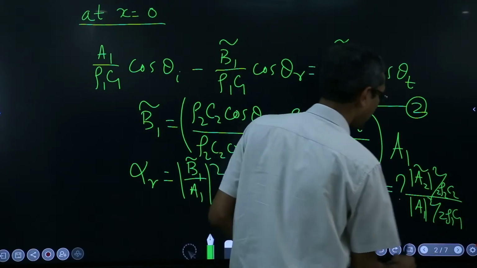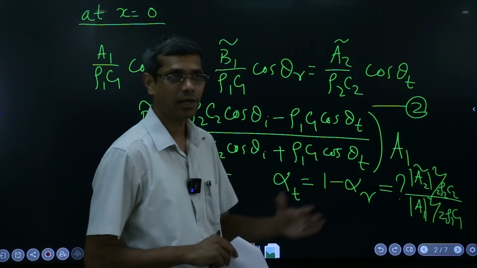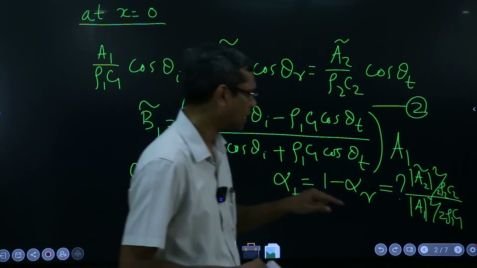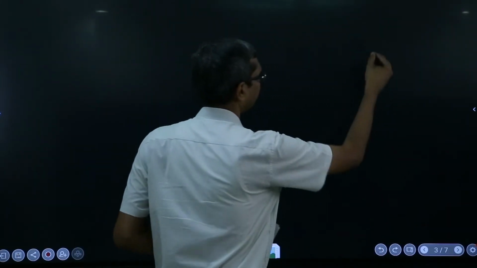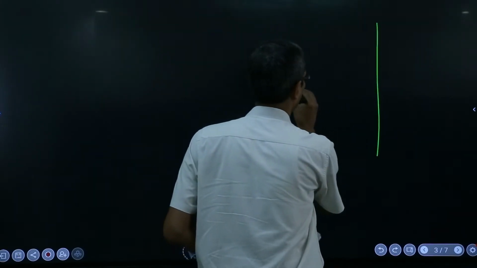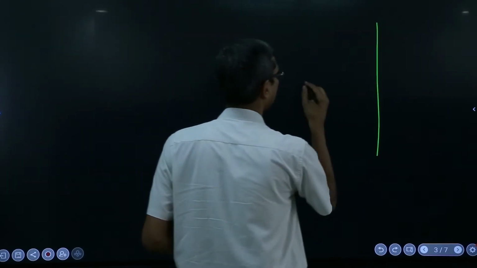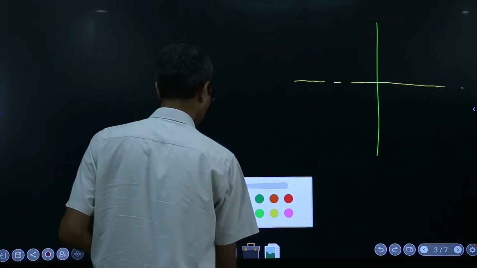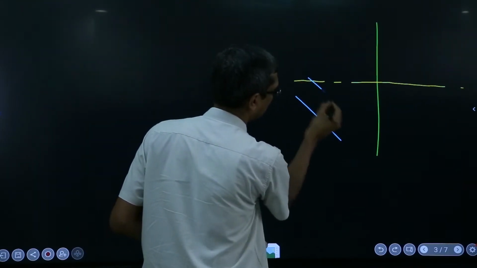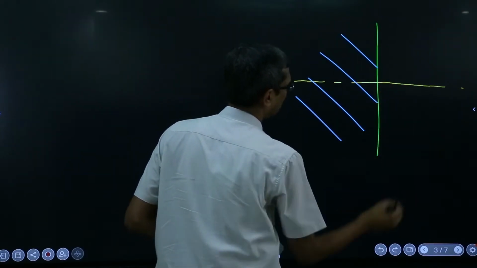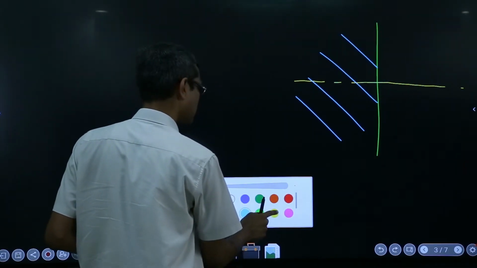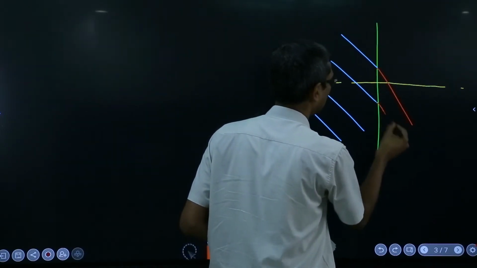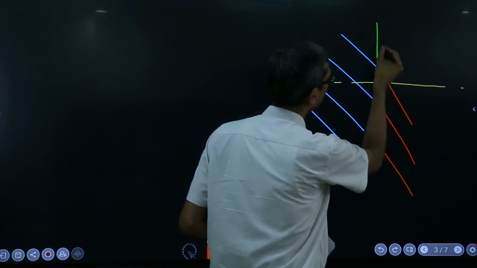But here, the same thing was happening on the other side, because things were moving in the same direction. Now what has happened, one set of wave is going like this, and the other set, once it gets refracted, is going like this, right.